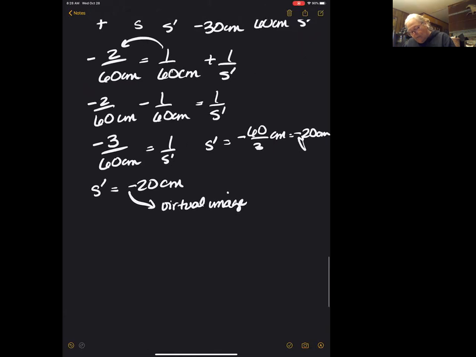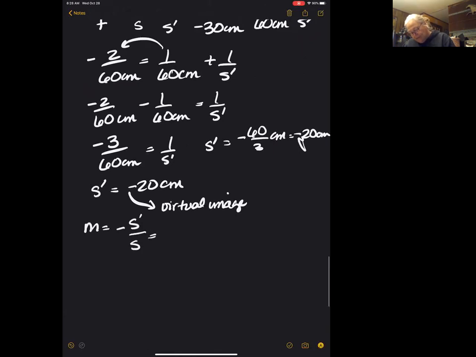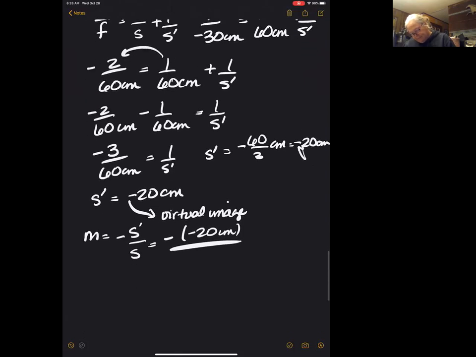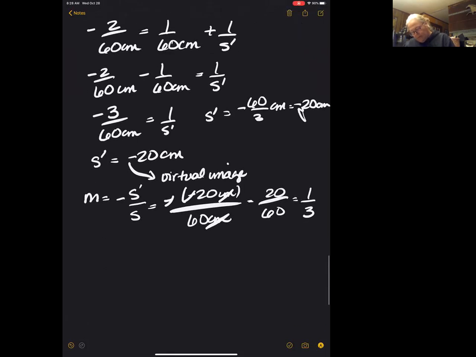So magnification is minus S prime over S. So that's minus negative 20 over S, which was 60. My centimeters cancel, my minuses cancel. So I've got 20 over 60, which is 1 over 3. So my magnification is 1/3.